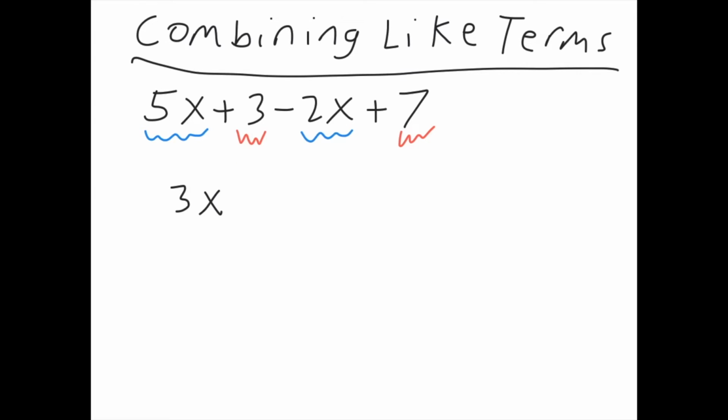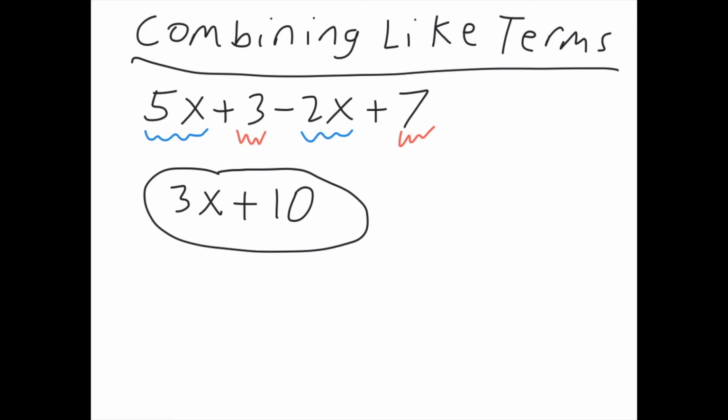And it's a positive 10, so we'll say plus 10. And we're done, because this is an x and this is a number. They can't combine because they are not like terms. So that's our answer. Seems simple enough?